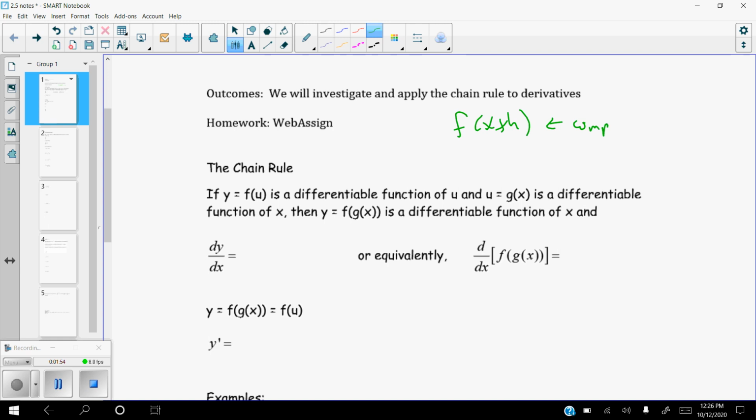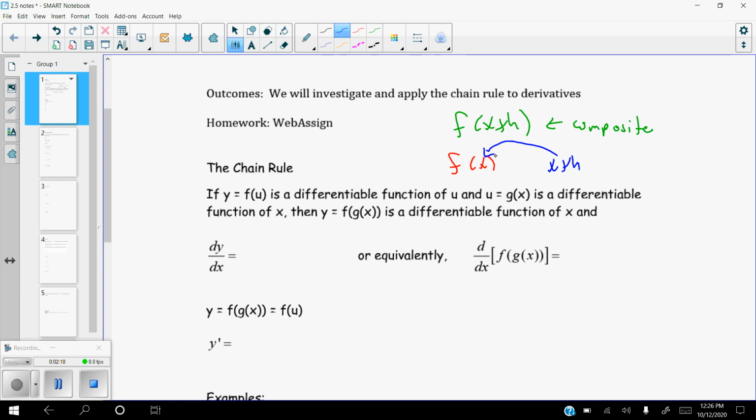That is composite. Because the outside function, or the main function, would have been f of x, and then the other function is x plus h, and then you would take x plus h and you would plug it in for x. So there is your composite. So the chain rule is a way to take a derivative of a composite function.